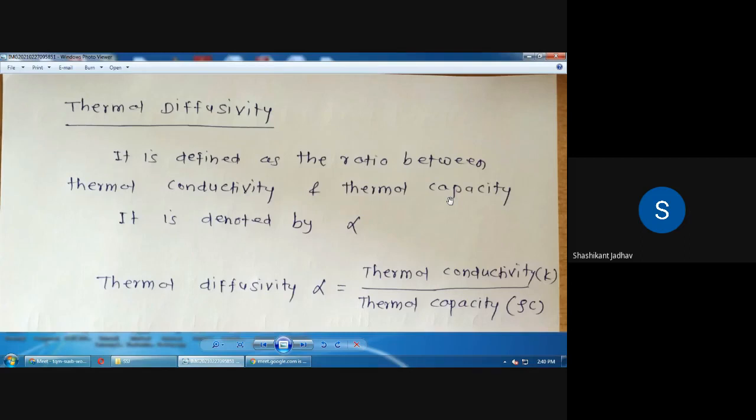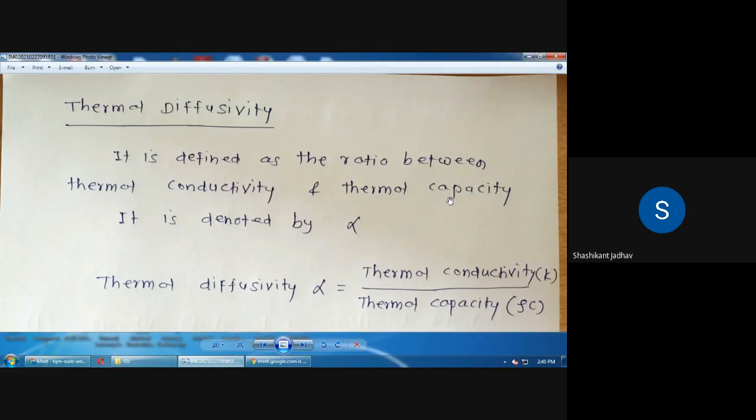Thermal storage capacity we call mCp delta T, the same equation in the form of mC. So thermal diffusivity alpha is the ratio of thermal conductivity to thermal capacity.